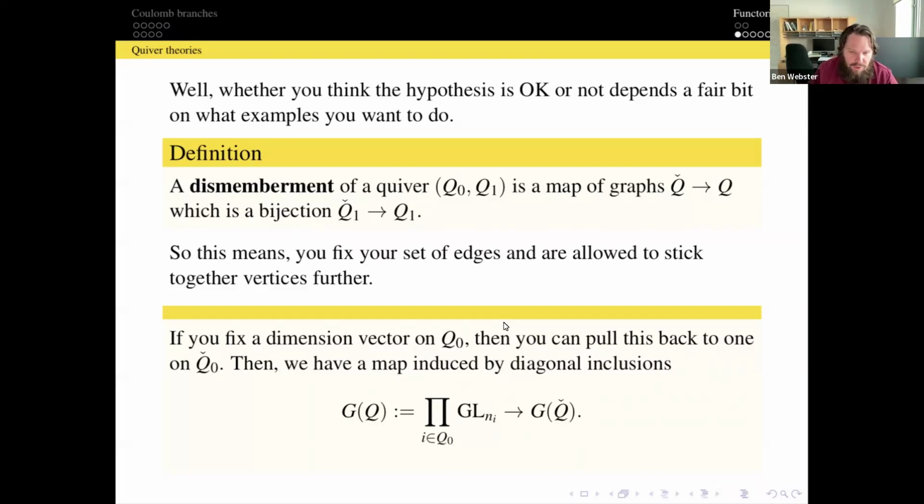So when you do this, you get an inclusion of the product of GLNs associated to nodes of Q into the product of GLNs associated to the nodes in Q check, right? For all the nodes going to one node in Q, I do the diagonal inclusion.